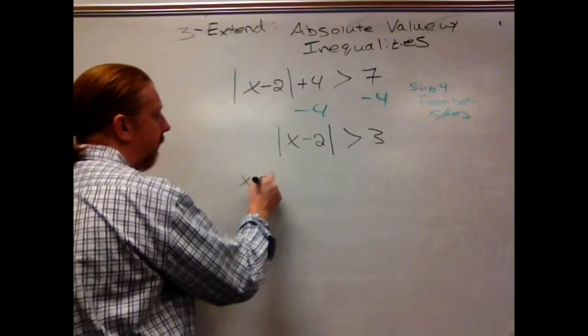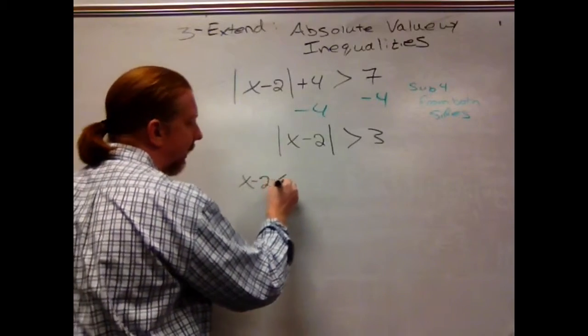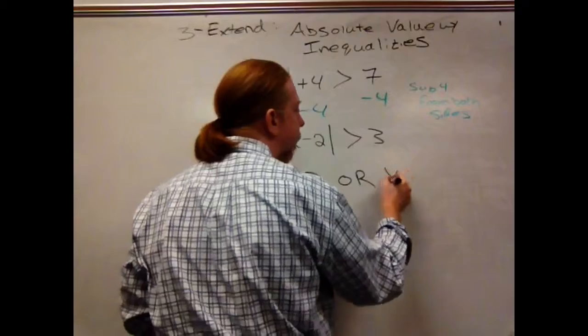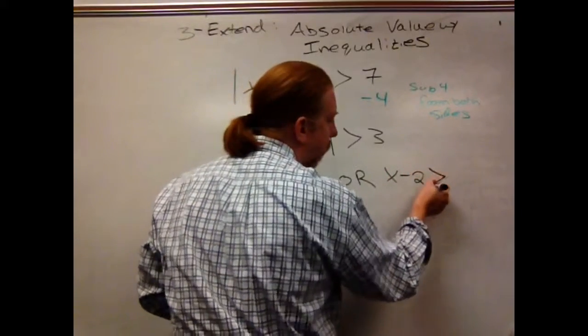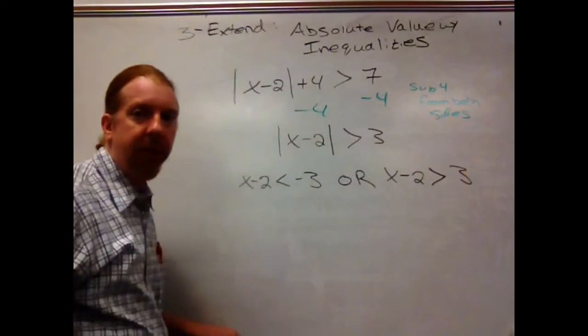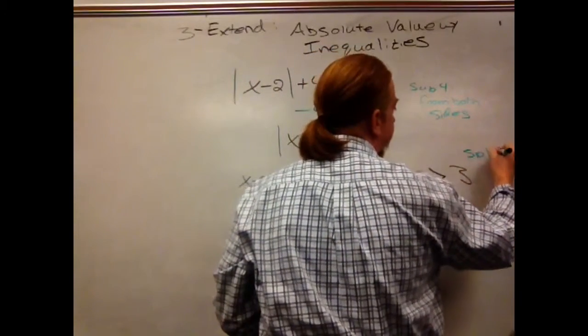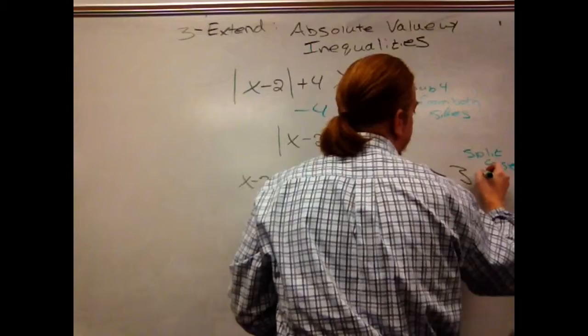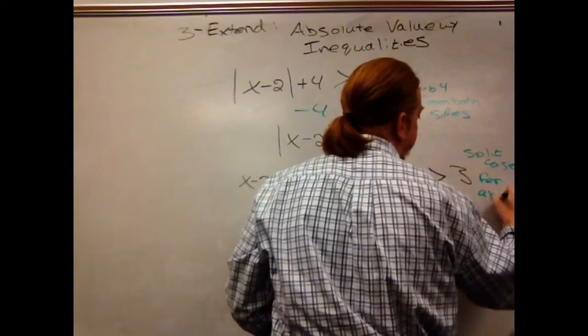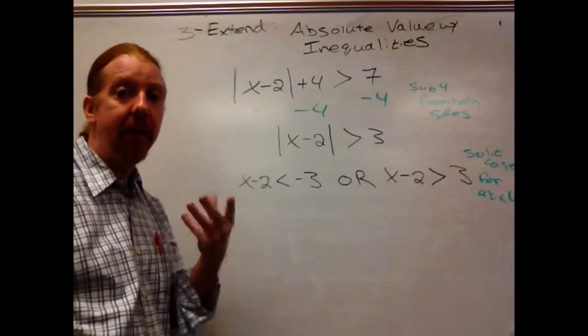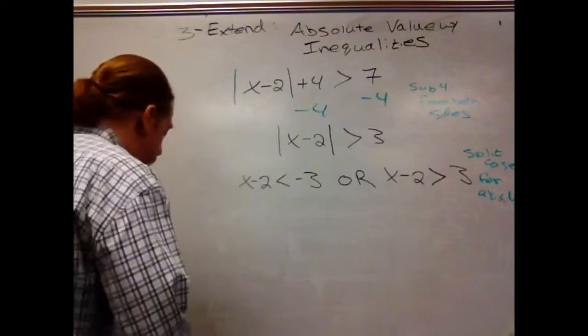So I have x minus 2 is going to be less than negative 3, or x minus 2 is greater than positive 3. When I write down what I did, I'm going to write down split case for absolute value. So I'm allowing for the fact that absolute value has these two cases.